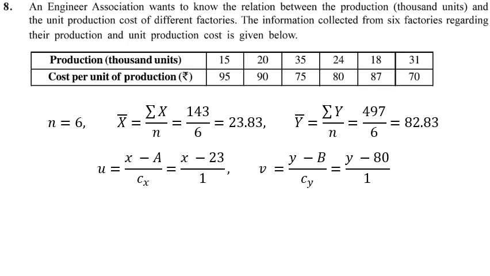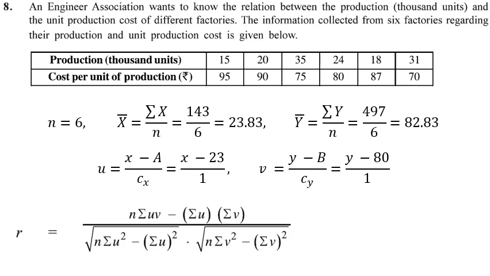In the u I will subtract with 23, that's on my own, I have decided it on my own. And v is subtraction with 80. You can take any value, I have told time and time again, I am just taking these values for my purpose. So the formula will be this, you have to follow this formula and solve the question.